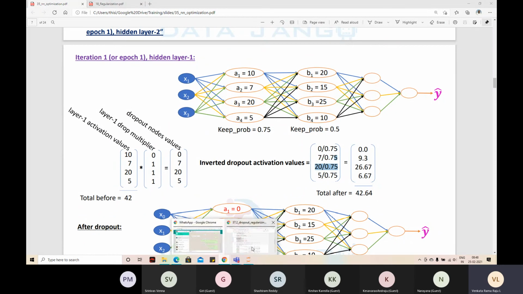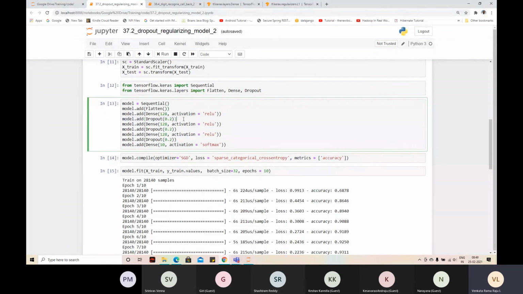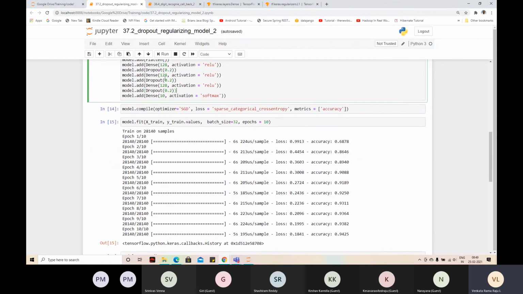So the dropout layer is basically calculating inverted dropout activation values and passing them to the next layer: calculating activation values, calculating inverted dropout activations, passing them on, and then passing it to the final output layer. Got it? So if you don't want to apply dropout for 2 layers, you want to apply for 1 layer, you can do that also. Okay, so that is the regularization.